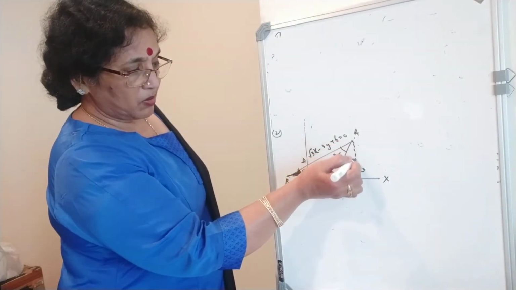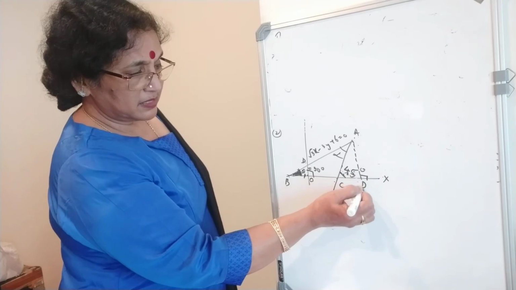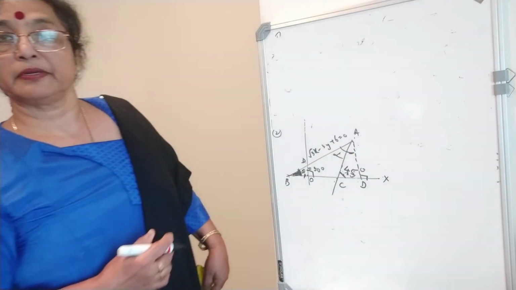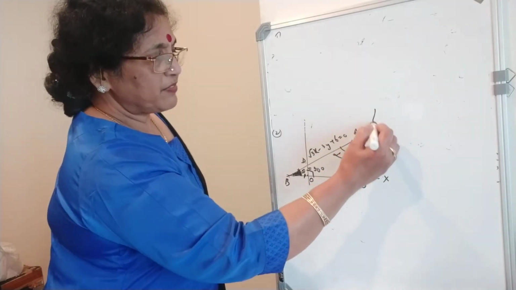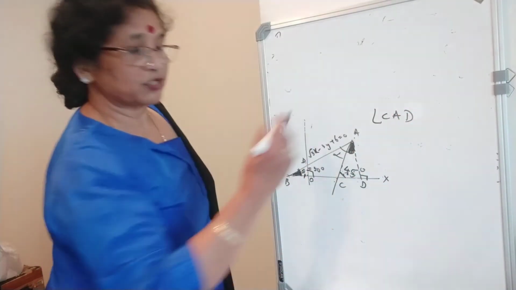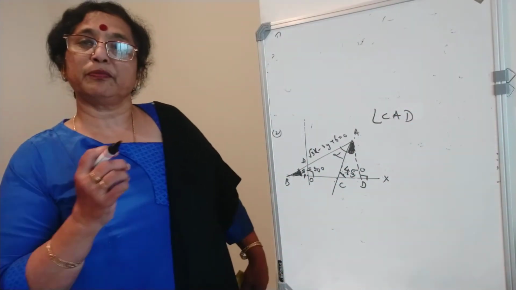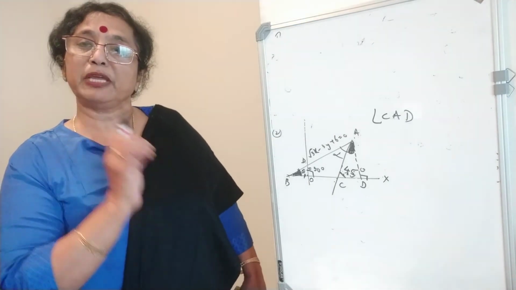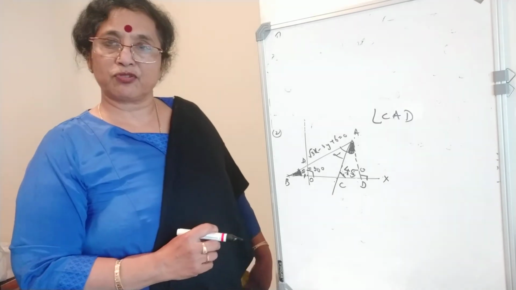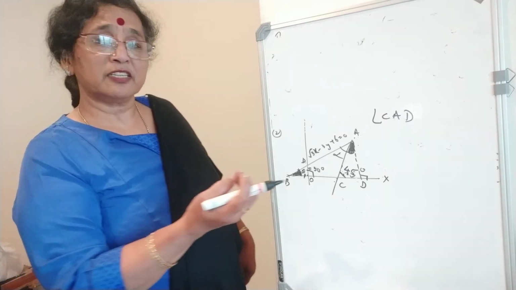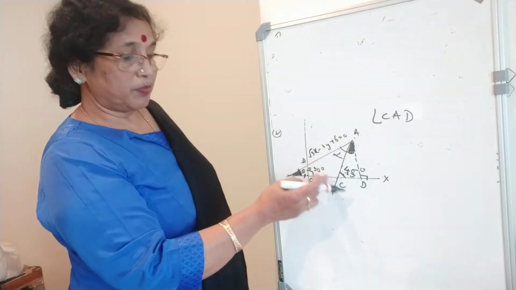I drop an altitude, 90. This angle I have to find. So I have to find angle CAD, which is my addition to the question. Why? Because I want to know whether you know the meaning of altitude. Altitude is the height of the triangle. What's the meaning of height? Distance between the vertex and the opposite side.